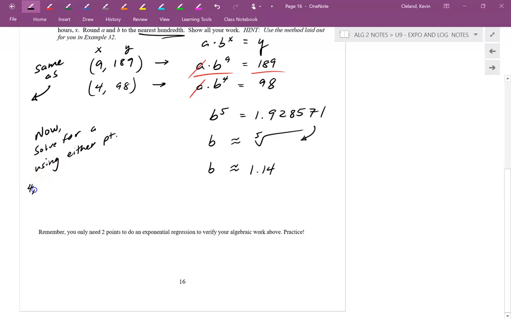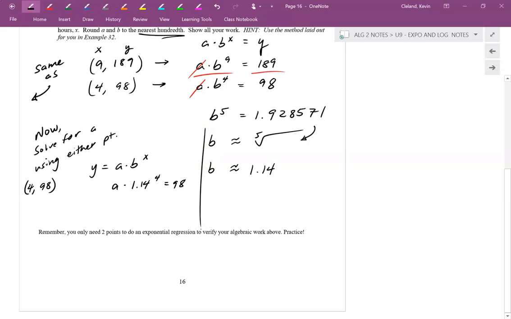So I'll choose this one, 4, 98. We're going to plug in then y equals a times b to the x. So we got 98 equals, actually I'd rather write a times 1.14 to the fourth equals 98.